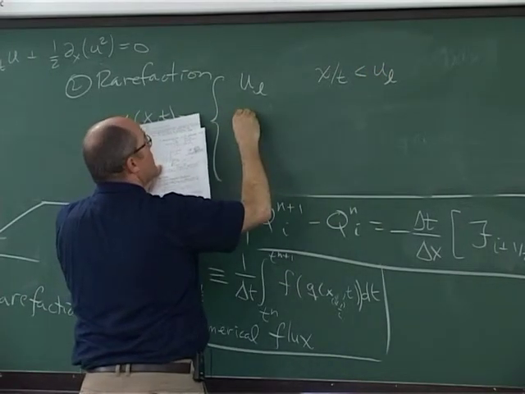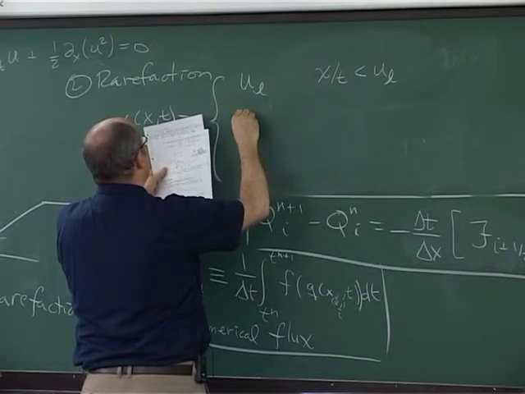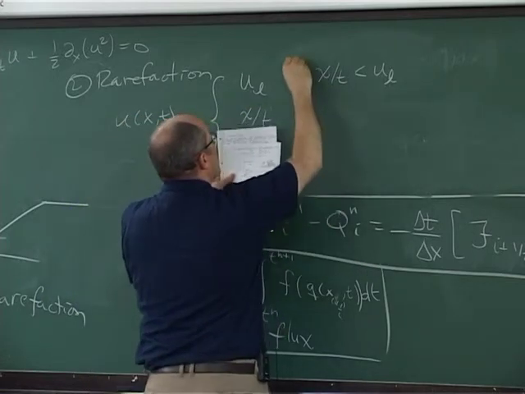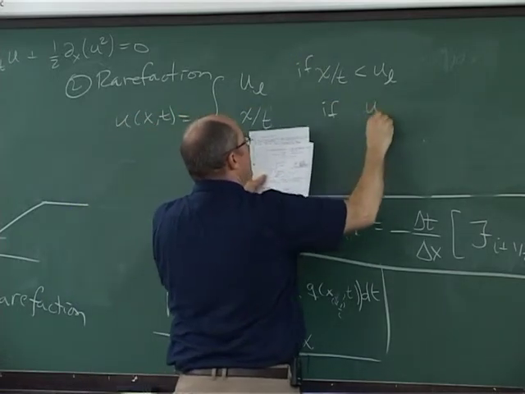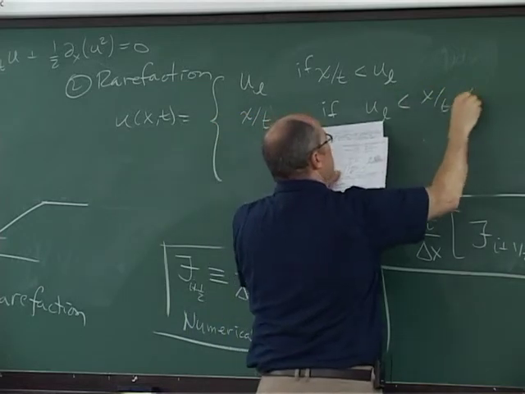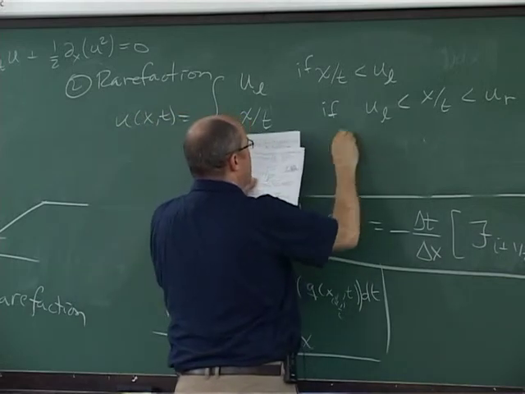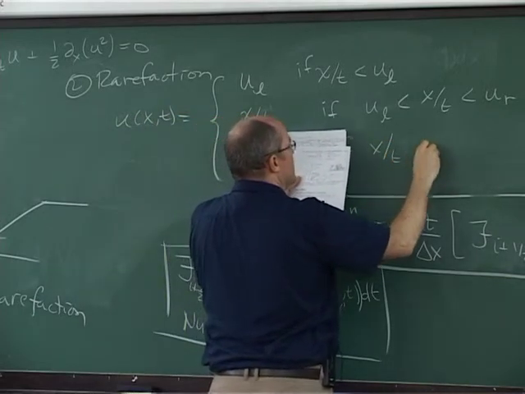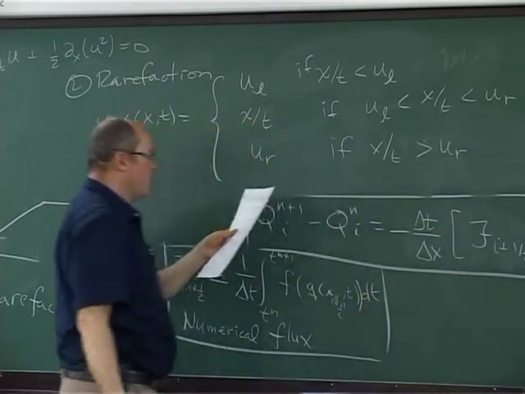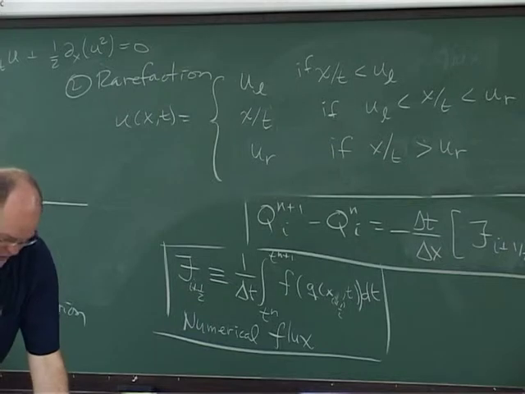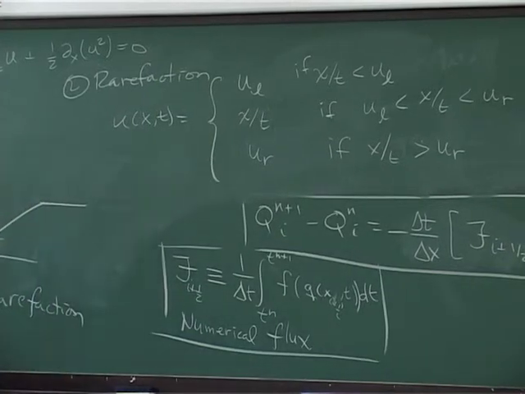It is x over t if UL is less than x over t less than UR, and it is UR if x over t is bigger than UR. Okay? Let me talk a little bit about how we can think of these solutions, and that's by looking at their characteristics.